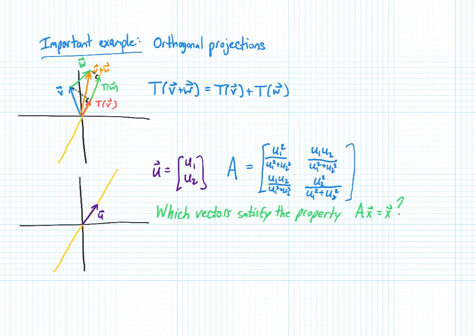So it's exactly the vectors that are on that line that satisfy the property that A times x is equal to x. And in fact, we can write that solution in a form that looks like what you get when you do Gauss-Jordan elimination, where there's a free variable, and the solution in this case would be x equals t times u. And that came completely from the geometry. I'm not messing around with this matrix right now.